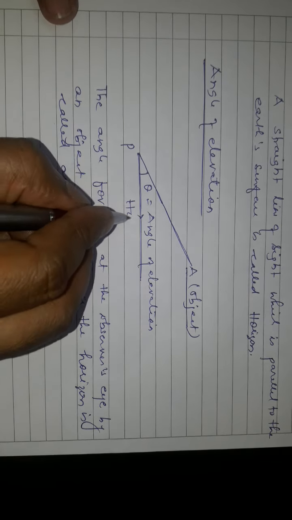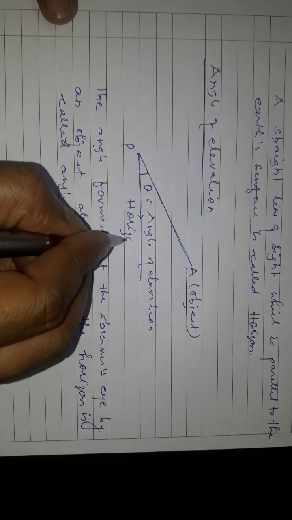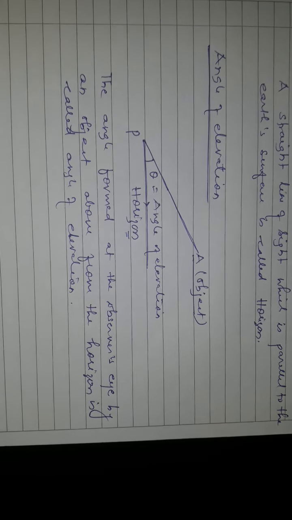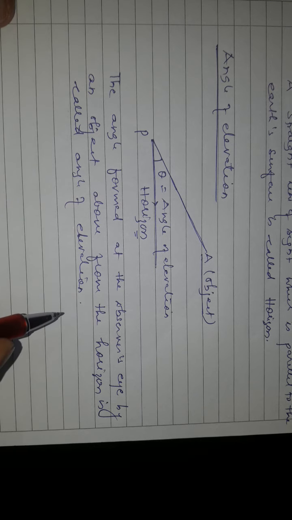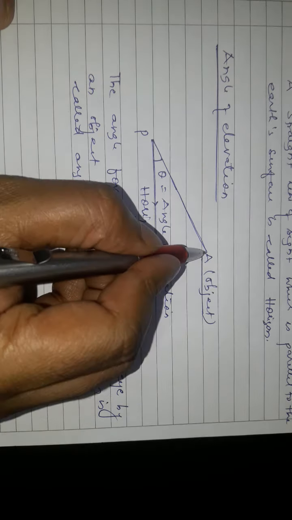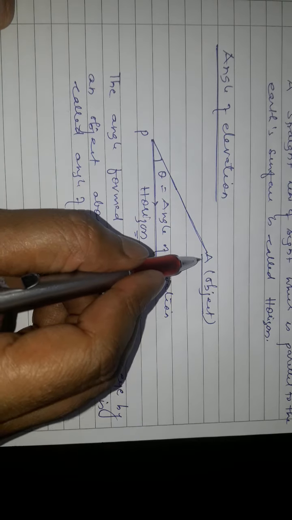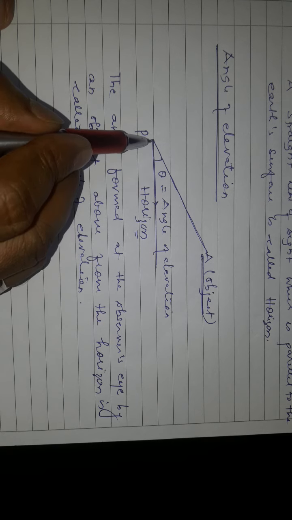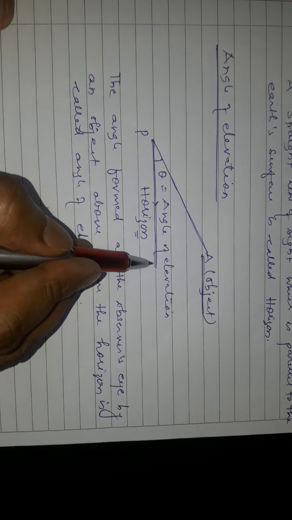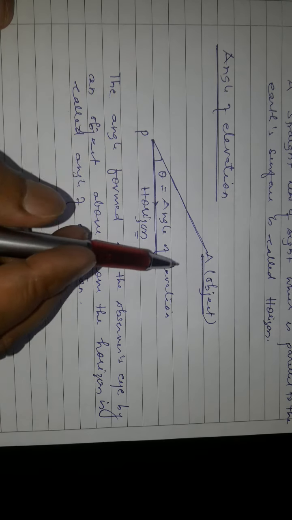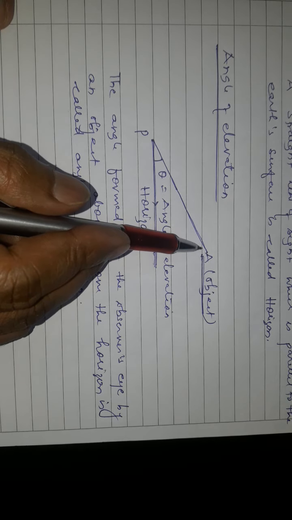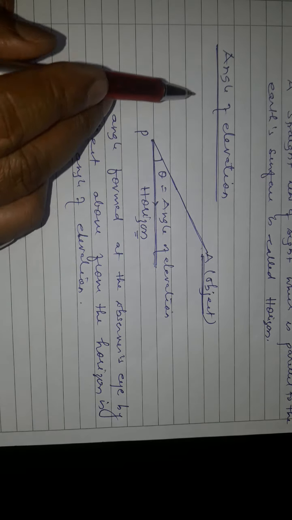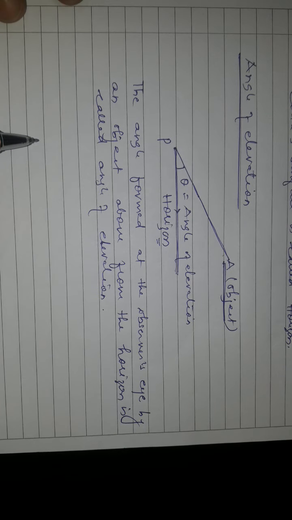It is horizon here. So it is very important when we are discussing angle of elevation. It means the object should be above the horizon, and the angle made by an object above the horizon at the observer's eye is called angle of elevation.